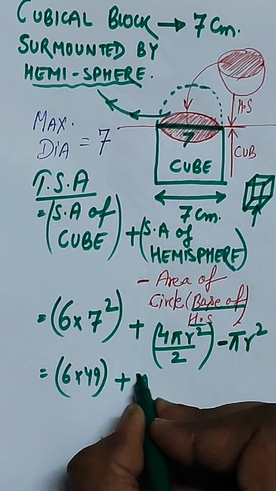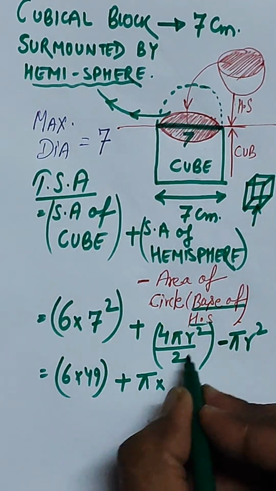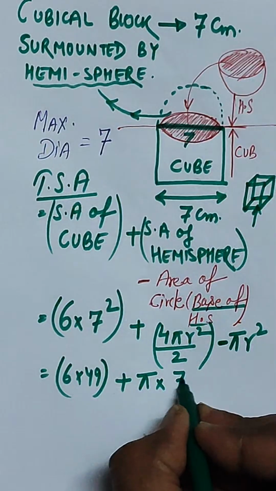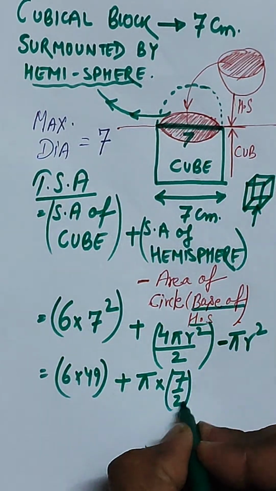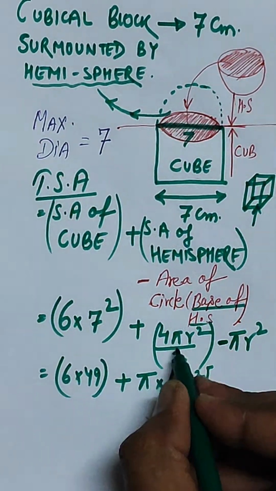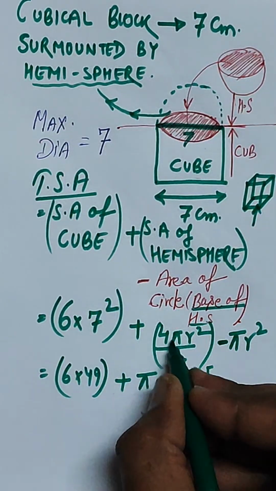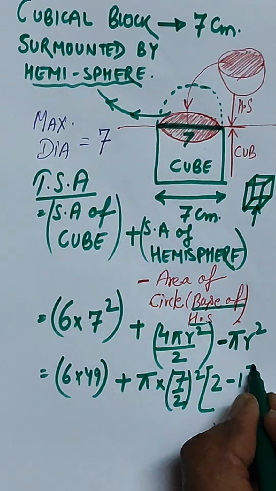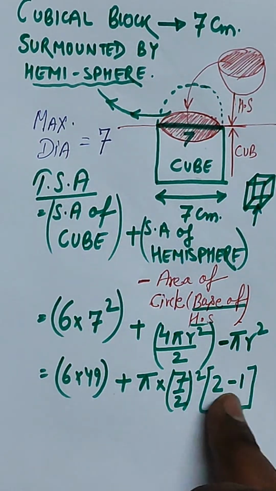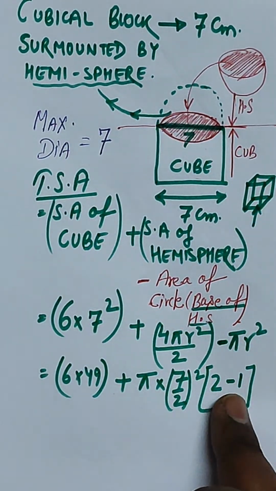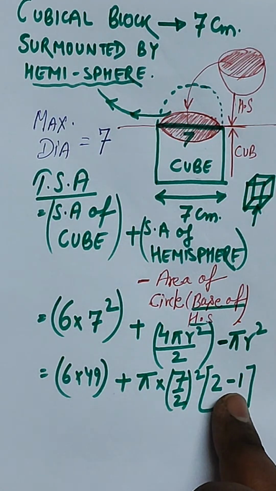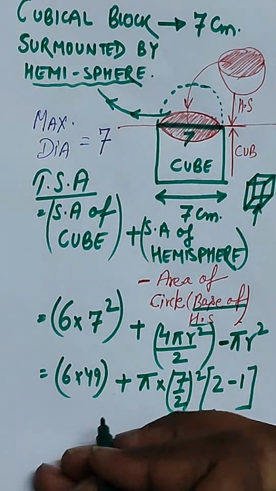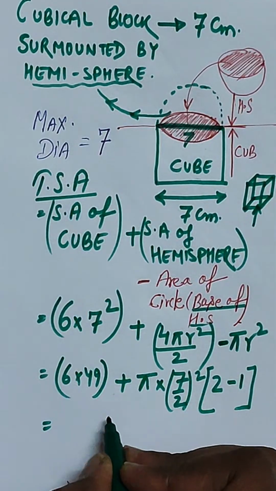When pi and r square are taken as common, what is r? r is 7 by 2 whole square. Then we are left with 2 minus 1, you got it? So basically it's pi into r square, right? When you just solve it, you get your answer.